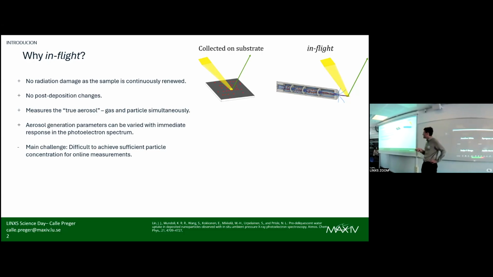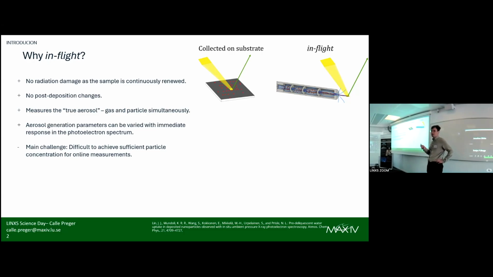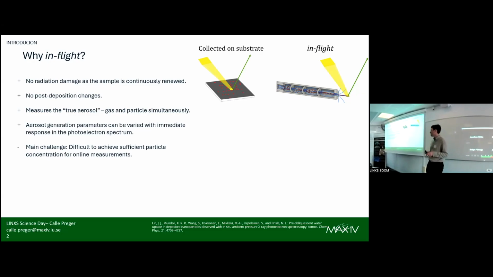There are many advantages to doing this. We don't have any specific radiation damage because the particles are continuously renewed, and we also know that there will not be any post-deposition changes. If you're depositing the particles onto a substrate, you don't really know what's happening to the surface of the particles after depositing them and bringing them into vacuum.